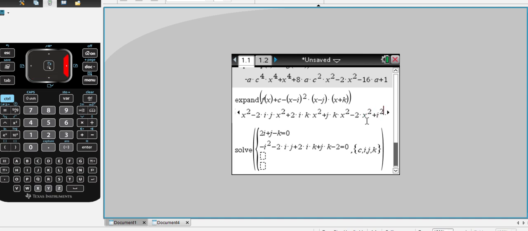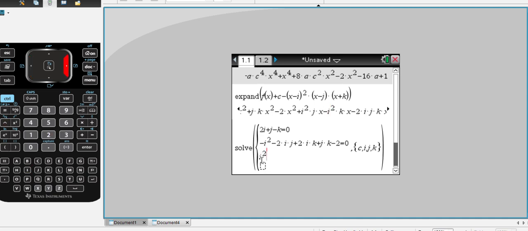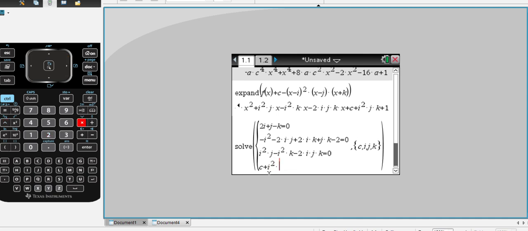And then the coefficient of x is going to be i squared times j minus i squared times k minus 2 times i times j times k. And that's going to equal 0. And then finally the constant term, c plus i squared times j times k plus 1 is equal to 0.